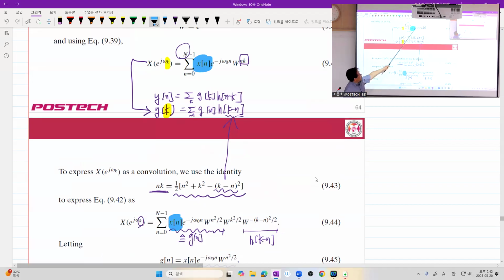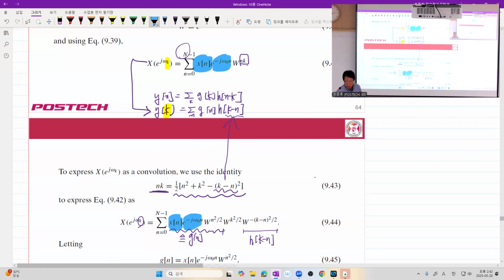Now you have e to the negative j omega 0 n, right? So this is just the rewriting of the last factor in the summand. And they propose to group the first three terms and the last one and take this out from the summation.